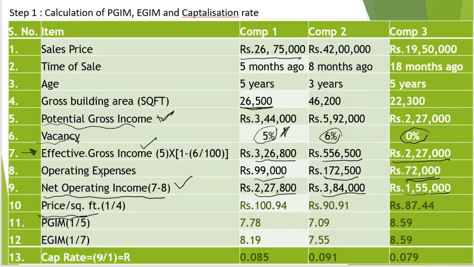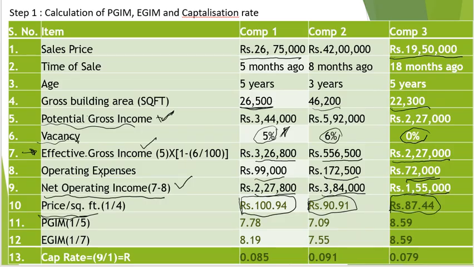So 26,75,000 divided by 26,500. So this is the price per square feet, means per unit. Similarly 42 lakh divided by 46,200, 90.91 per unit rate. Similarly 19 lakh 50,000 divided by 22,300, 87.44.